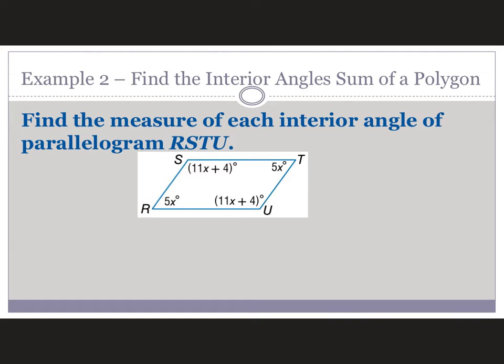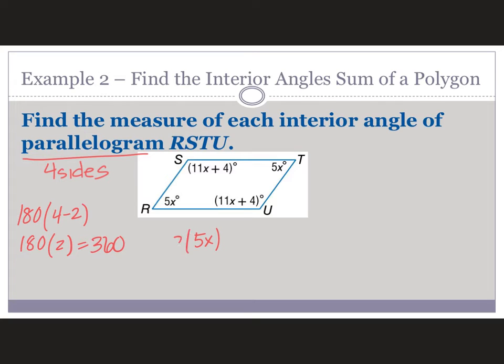Next, find the measures of each interior angle of a parallelogram, RSTU. So we know a parallelogram has 4 sides. So that's going to be 180 times 4 minus 2, which is 180 times 2, which is 360. So all the angles have to add to 360. So we have 5x times 2 plus 2 times 11x plus 4 is equal to 360.